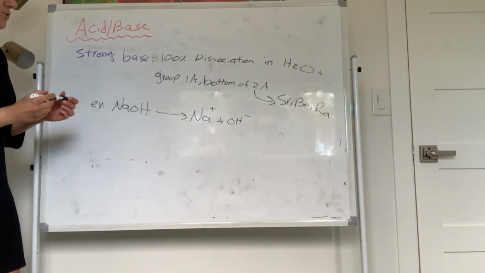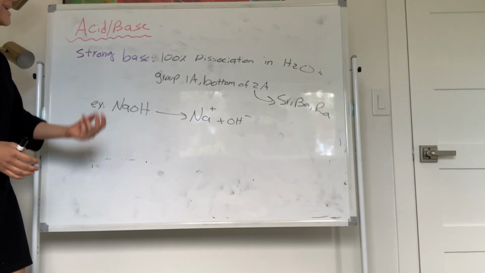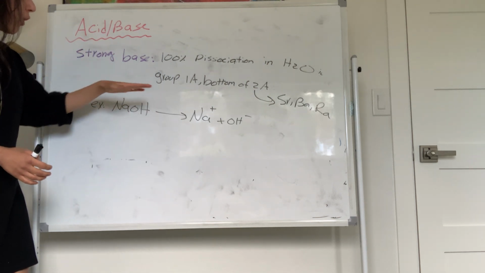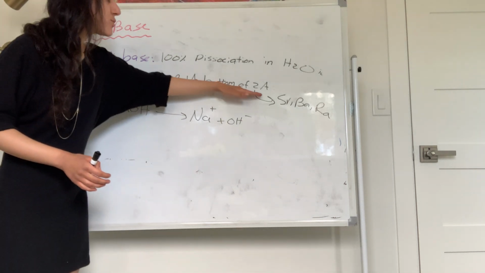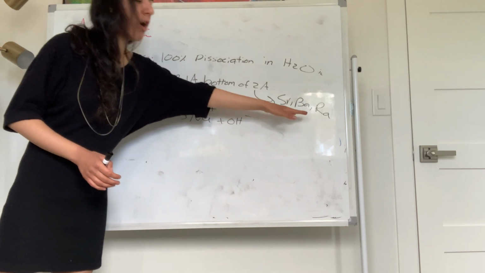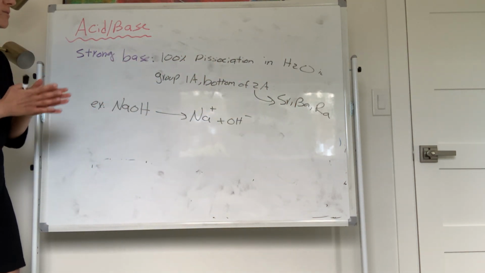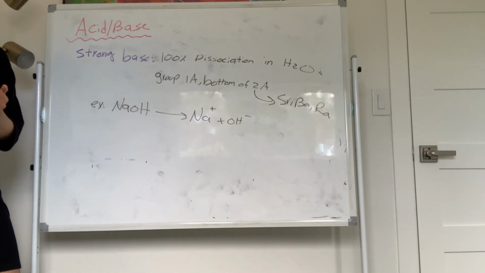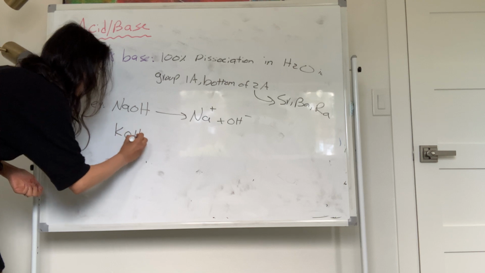So again, for strong acids, you will have to remember those 6 strong acids, everything else is considered weak. A strong base is when you have OH next to a group 1A metal or a bottom of 2A metal, Sr, Ba, or Ra. That would be considered a strong base, and that means they are going to have 100% dissociation. Let's do another one. What do you think? KOH.